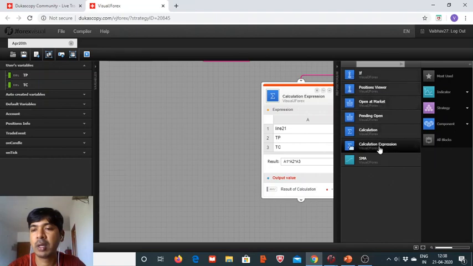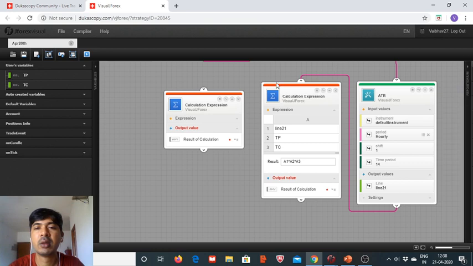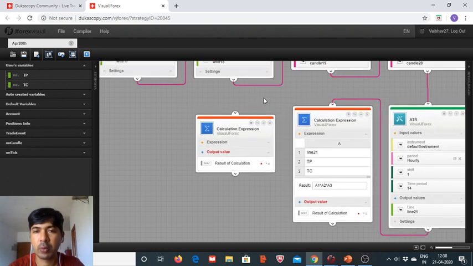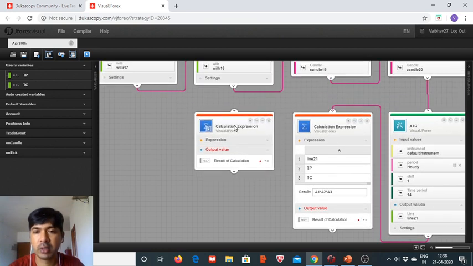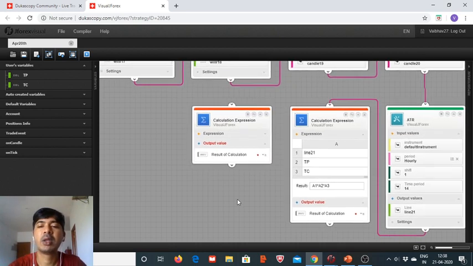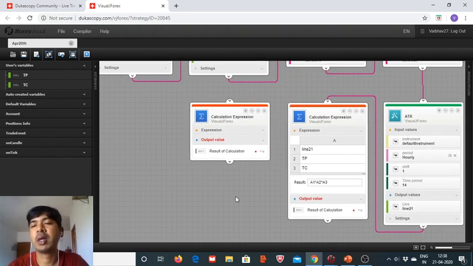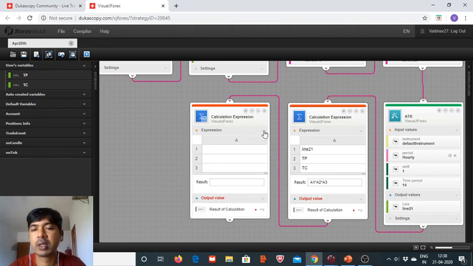Now we will need to do the same thing for the stop loss as well. Though stop loss is going to be the ATR only, we need to do the type conversion there also, and for that only we are going to need to make some changes.